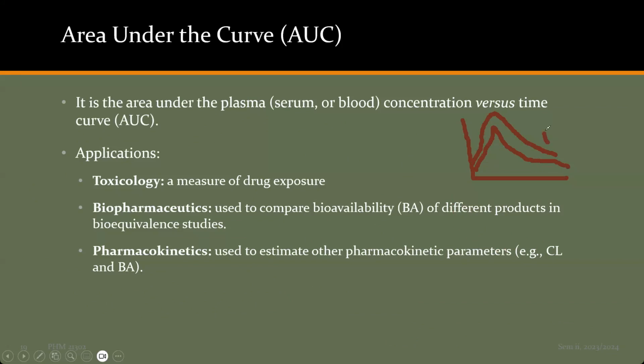Which one has higher bioavailability, A or B? You can compare their bioavailability using the AUC. As you see, definitely the AUC under formulation B is less than the AUC under formulation A, isn't it?